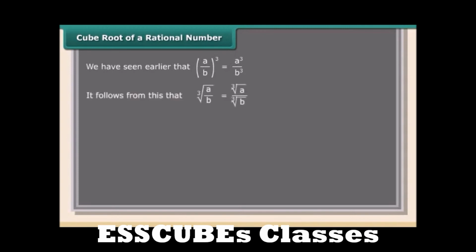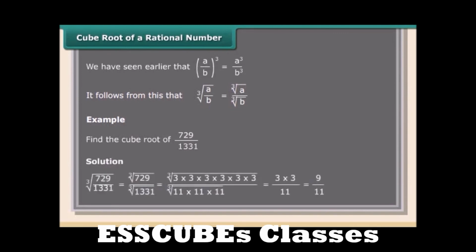Cube root of a rational number. We have seen earlier that (a upon b) whole cube is equal to a cube upon b cube. It follows from this that cube root of a upon b is equal to cube root of a upon cube root of b. Example: find the cube root of 729 upon 1331.